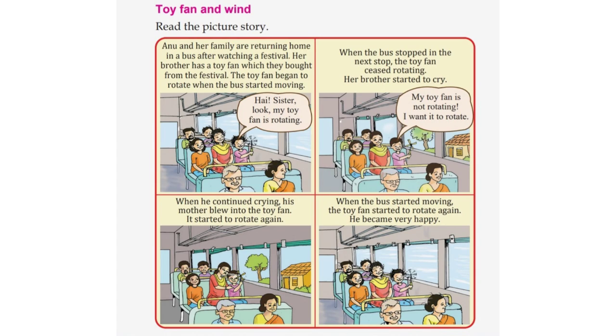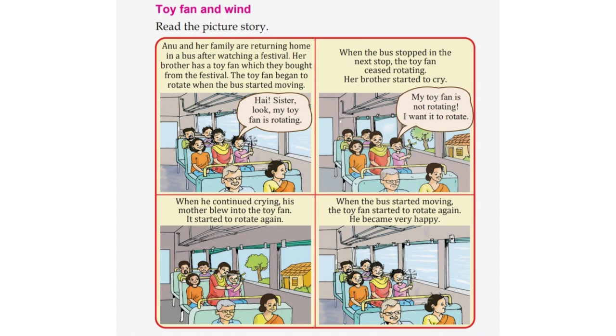Toy fan and wind. Read the picture story. Anu and her family are returning home in a bus after watching a festival. Her brother has a toy fan which they bought from the festival. The toy fan began to rotate when the bus started moving. Hey sister, look, my toy fan is rotating.